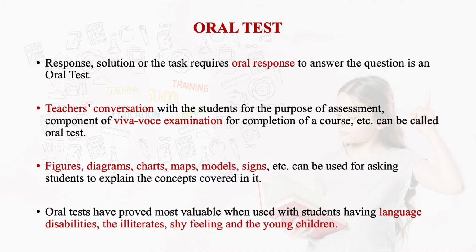And further, oral tests are most valuable when used with students having language disabilities, the illiterates, shy children and young children. So many a time when you want to collect certain data from language disabled learners, from the illiterates who are not able to write or read, better you interact with them and ask certain questions.